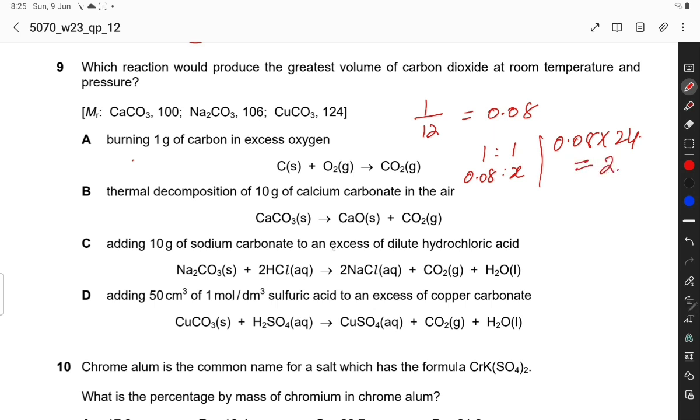2 dm cubed. So this is calcium carbonate, 10 gram divided by 100, 10 divided by 100 is equal to 0.1.